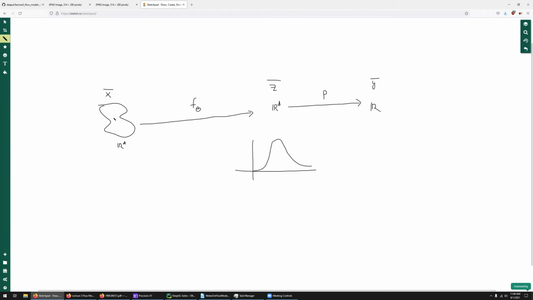So we take X and transform it to R^D, and this has to be something called a diffeomorphism, which basically means a bijection.